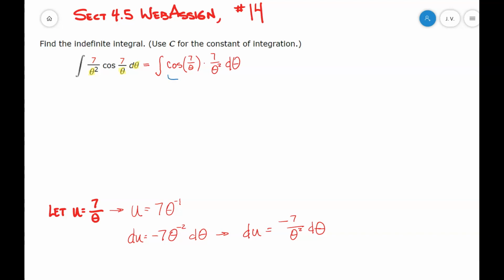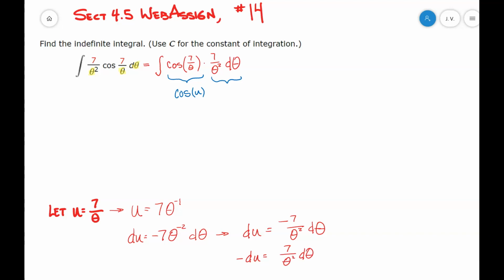So this is cosine of u. This, well, take a look back at our u substitution. If I multiply both sides of this by -1, I get the opposite of du equals 7 over theta squared d theta. And that's exactly what we need.